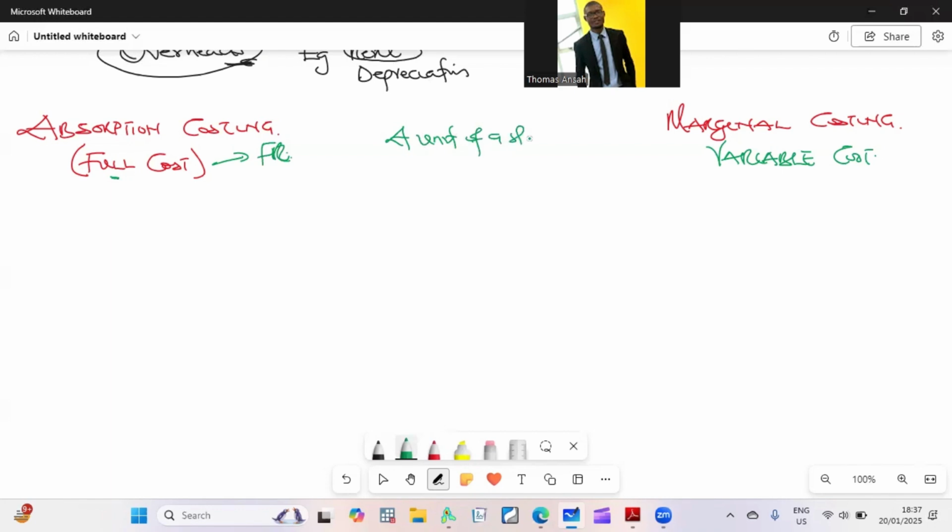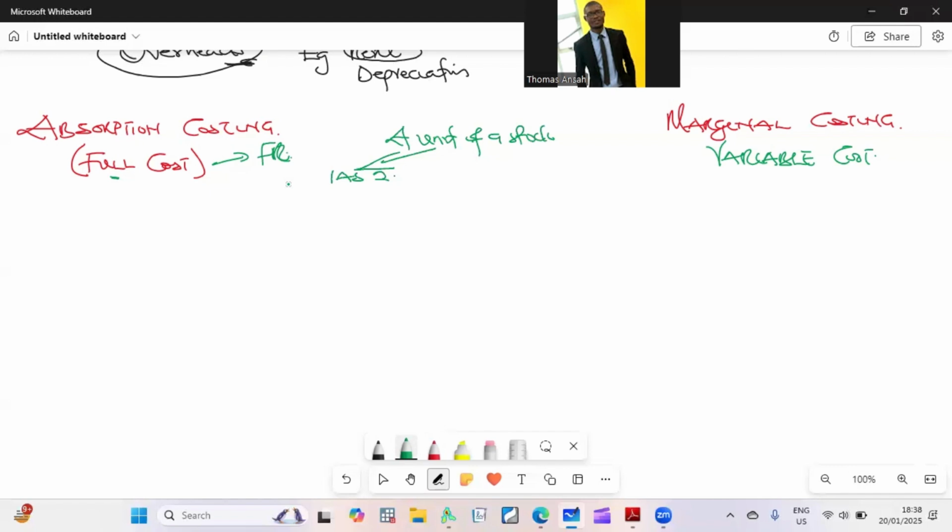So here, if you look at your absorption costing, it is in line with IAS 2. IAS 2 says that it is the purchase price plus direct cost incurred in bringing the inventory to its saleable condition. So this thing we are doing when it comes to absorption costing, it has no difference with FR at all.